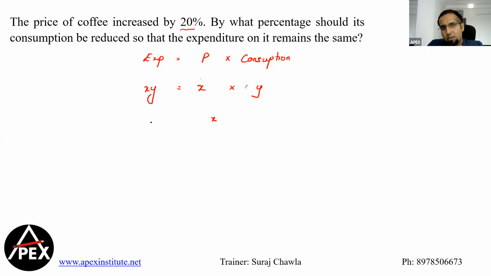And the question says expenditure should remain the same. So if this is 6 by 5, clear? That means the reverse would be 5 by 6 of y, only then this condition will be met.